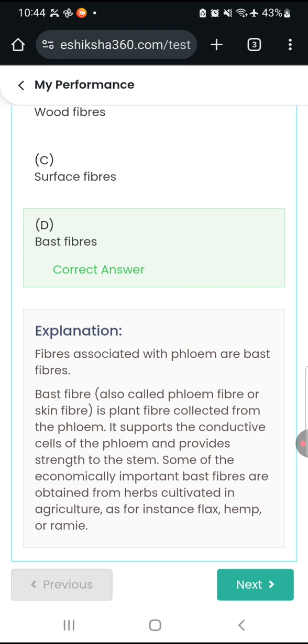It supports the conductive cells of the phloem and provides strength to the stem. Some of the economically important bast fibers are obtained from herbs cultivated in agriculture, as for instance flax, hemp, or ramie.